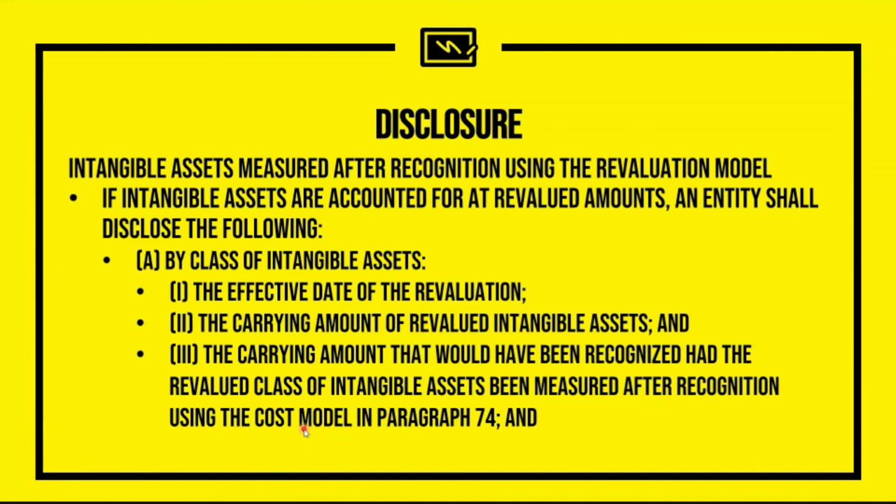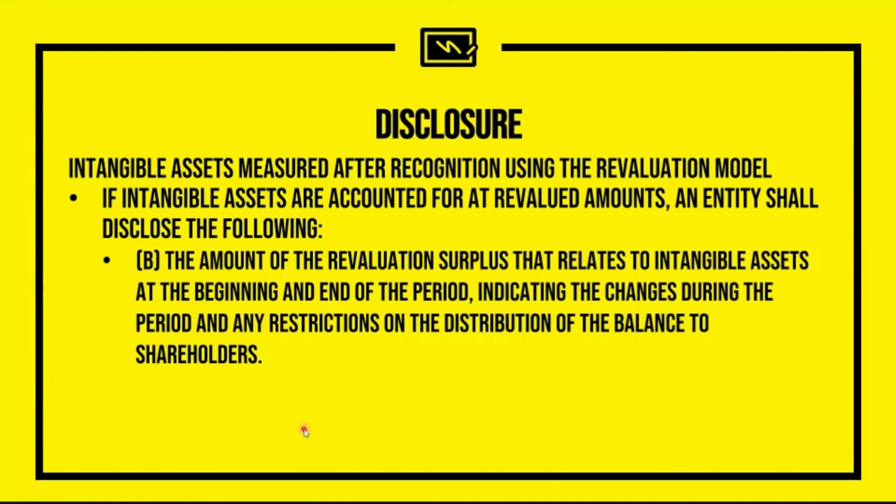Okay? So you already used the revaluation model, but still you need to disclose the value if you used the cost model. And the amount of the revaluation surplus that relates to the intangible assets together with computations, because it is talking about the beginning and the end of the period, indicating the changes during the period, and any restrictions on the distribution of the balance to shareholders.